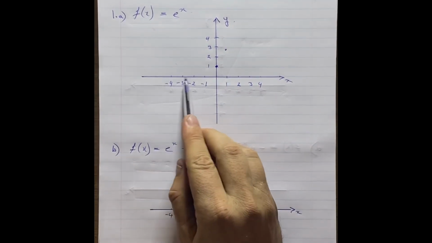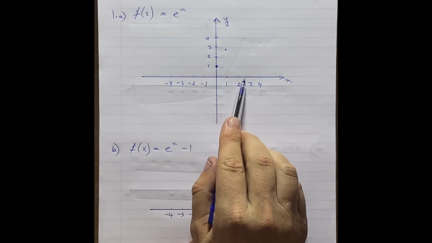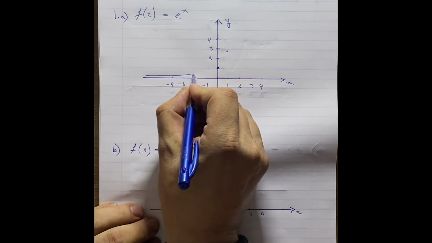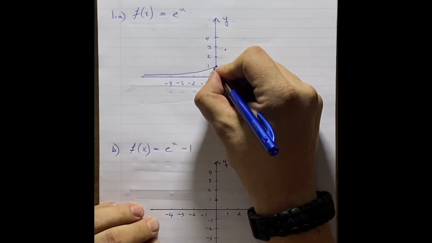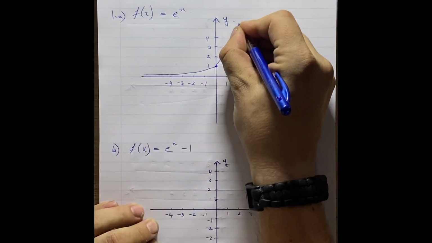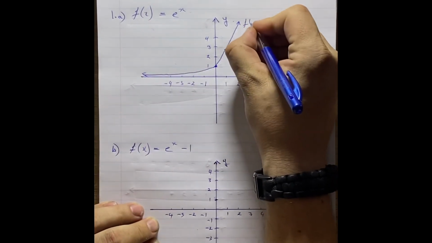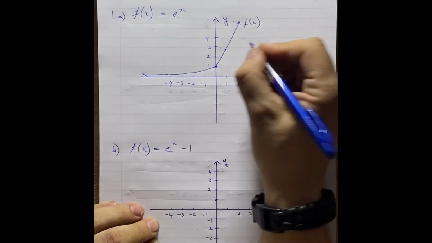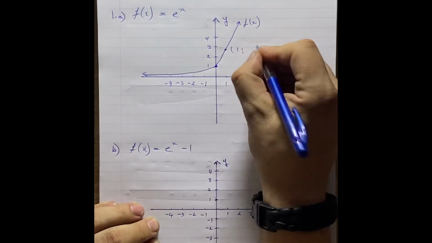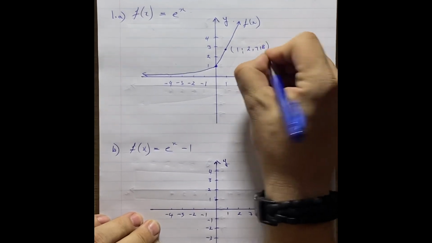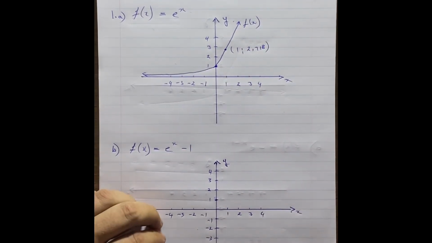Also, I know that this here will be my asymptote, so my graph will come very close to this line. It'll go through 1, through our characteristic point, and it'll shoot off. Remember, label your graph. So this is f of x, and then label your characteristic point, and this is (1; 2.718). And that is how I want you to draw your graph.